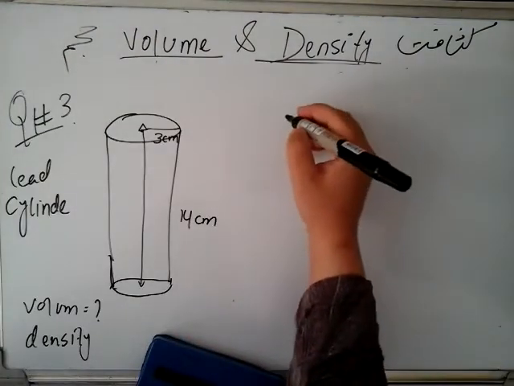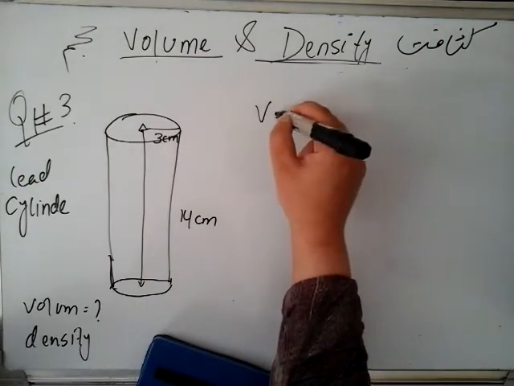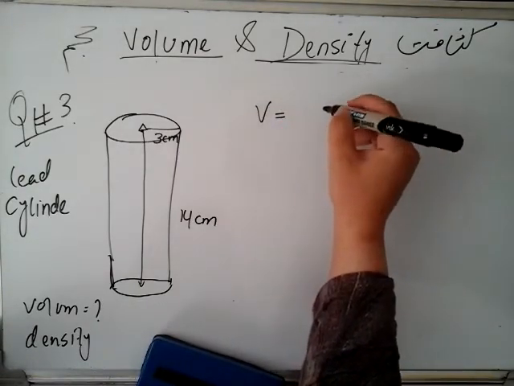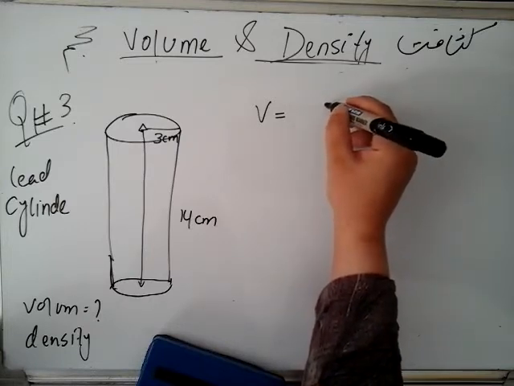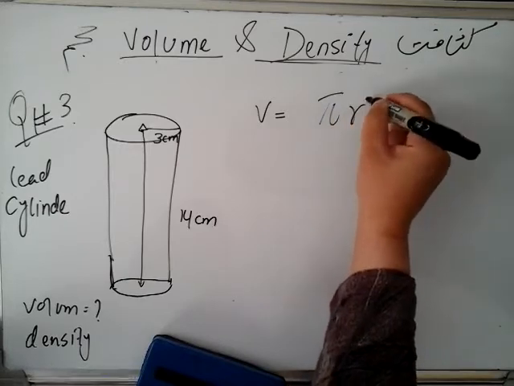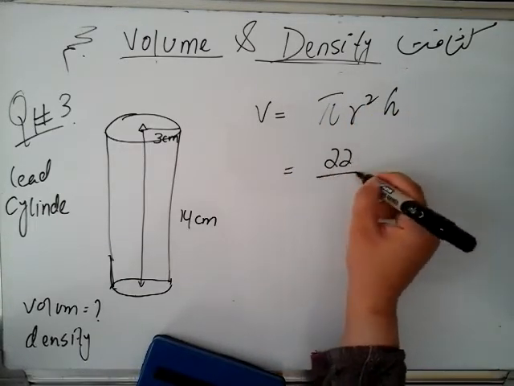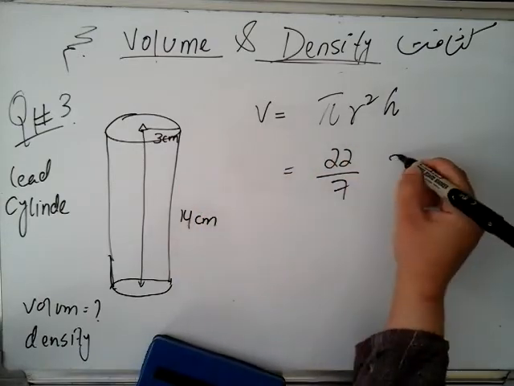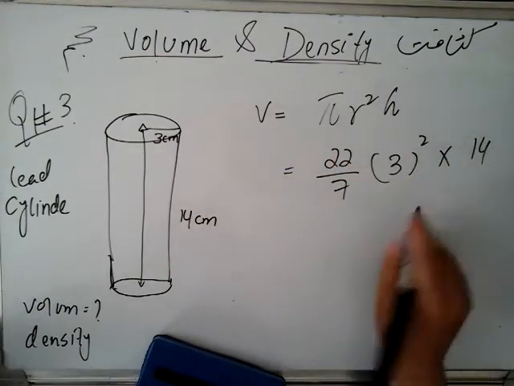Density. So first of all, let's find its volume. We know that volume of cylinder is equal to pi r square into h. So here the value of pi is 22 divided by 7, radius is 3 square, and height is 14.